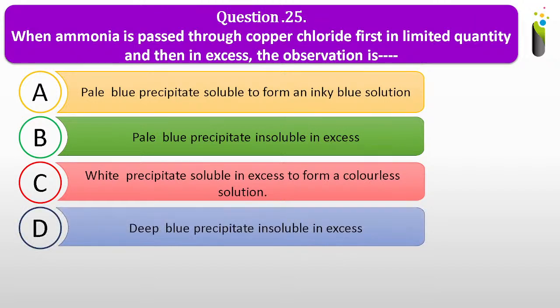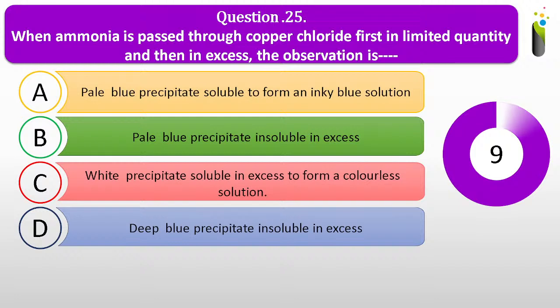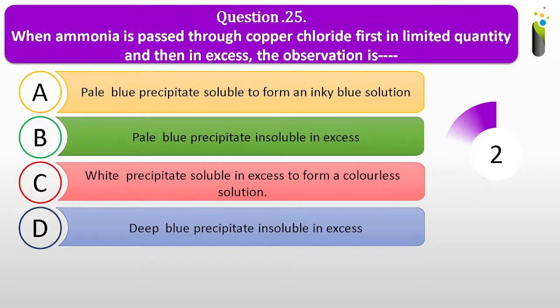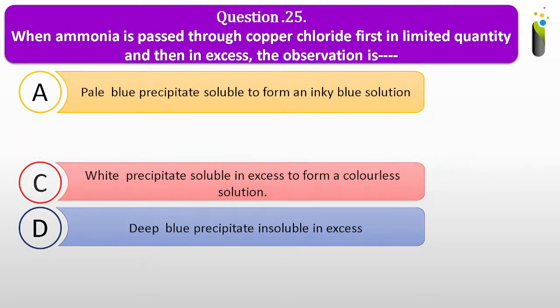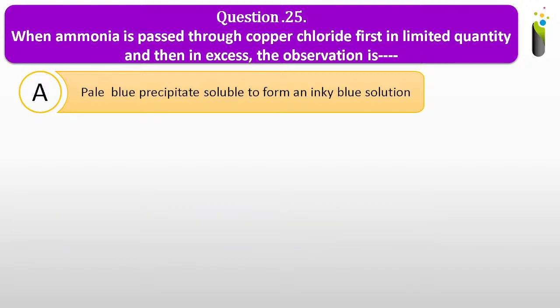D. Deep blue precipitate insoluble in excess. And the correct answer for this question is A. When ammonia is passed through copper chloride first in limited quantity and then in excess, a pale blue precipitate soluble to form an inky blue solution is formed.